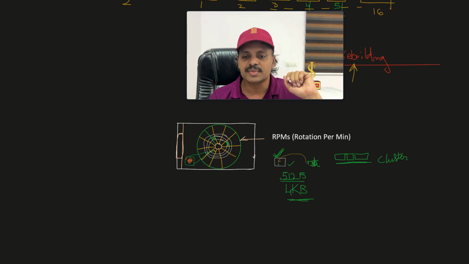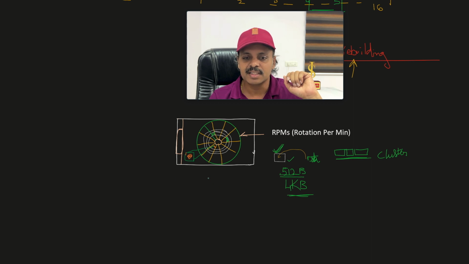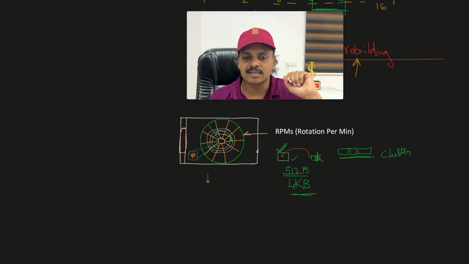So this is a physical thing, but every one of these sectors or groups of sectors will be addressed or identified with a logical address which we call LBA. From the software level or operating system level, we use LBAs to address the location where we kept our data.